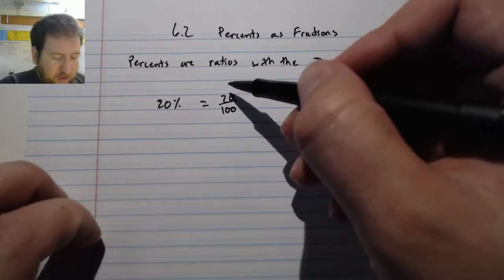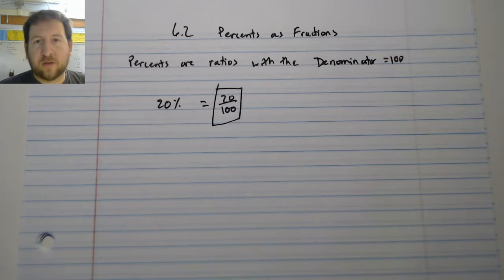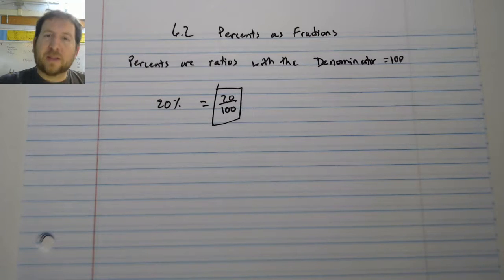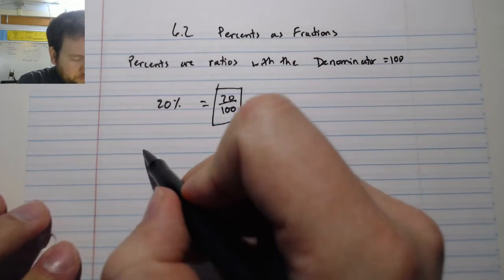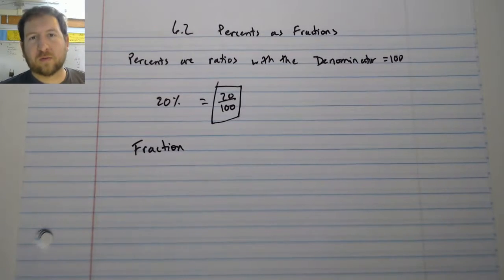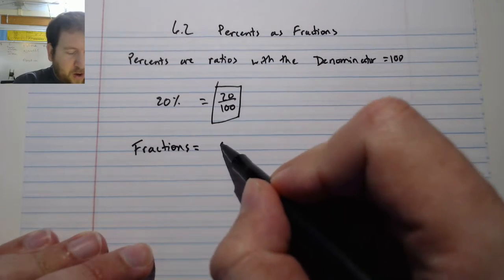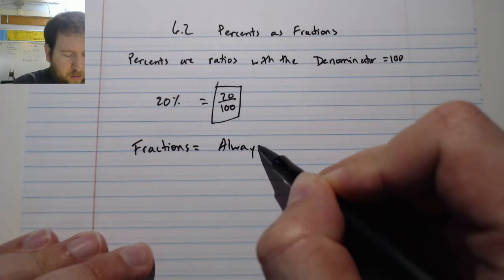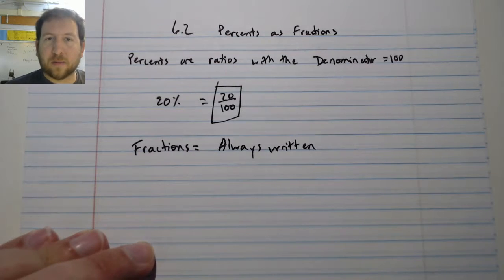And this is a true ratio because a ratio is simply two numbers compared to each other. But this time we're going to think of them like fractions. And fractions have an additional rule or kind of expectation, and that is that fractions are always written in their simplified form.